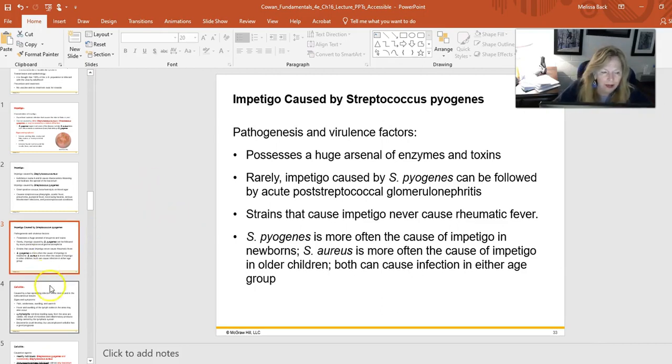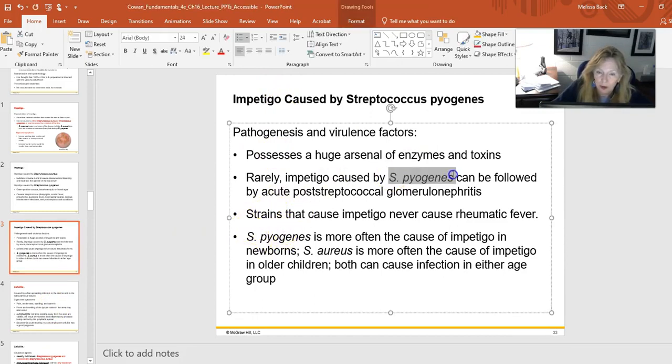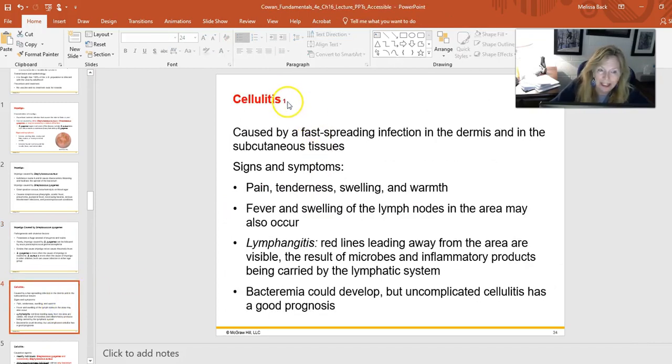Impetigo is a relatively common infection, and so we need to be looking out for this. We know Streptococcus pyogenes, group A strep, can become more systemic and can lead to other complications that we think about with Streptococcus pyogenes.